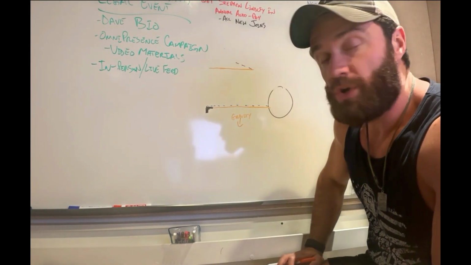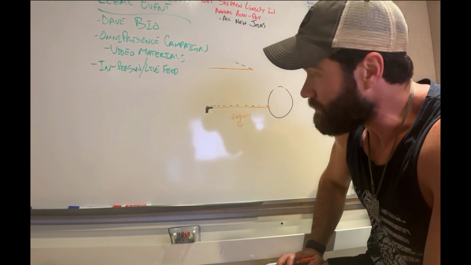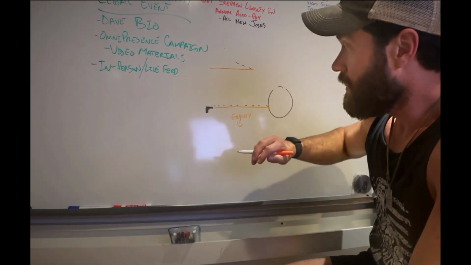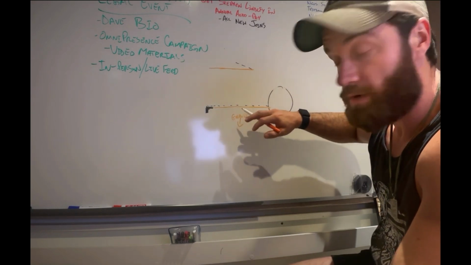So when we turn our weapon system, like shooting behind a barricade, for example, and we take that and we turn it, what's happening is that this is no longer cosigned with one another.